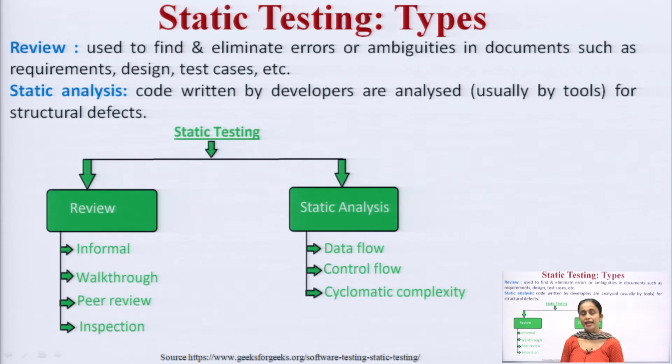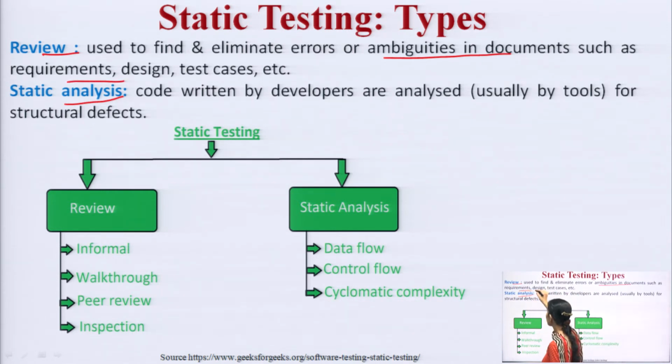As I said, static testing comprises two types: first is review and the second is static analysis. Review is used to find and eliminate errors, ambiguities or bugs in the documents. Here we review the SRS sheet, the design document and the test cases generated by the testing team.